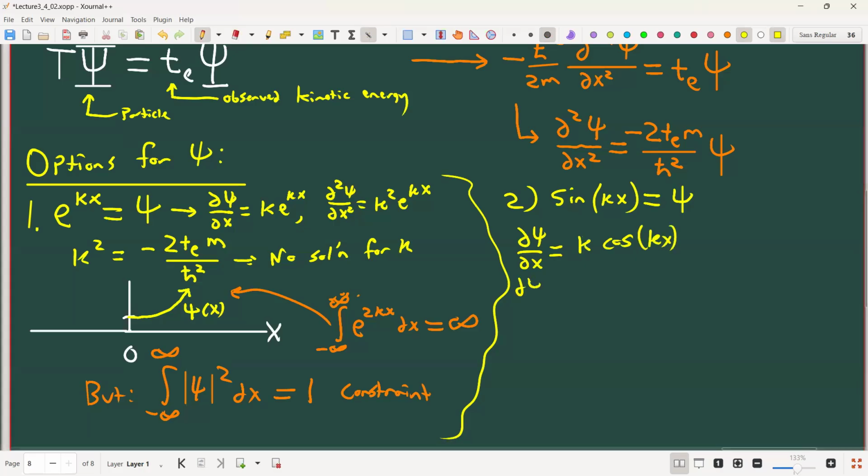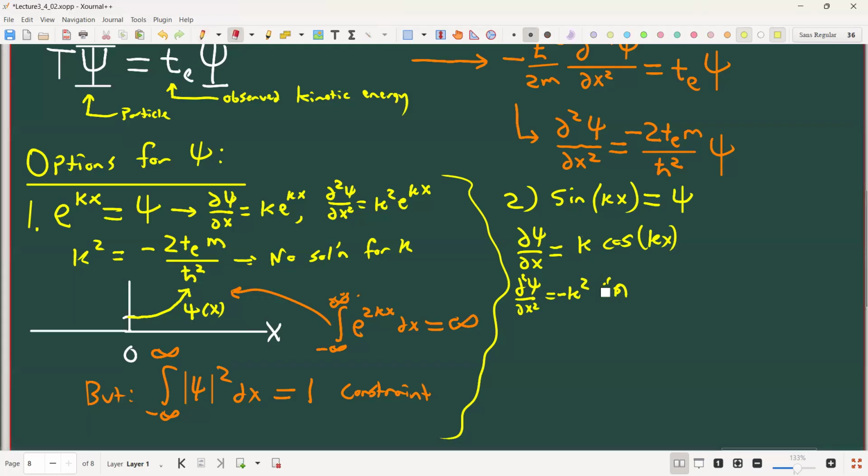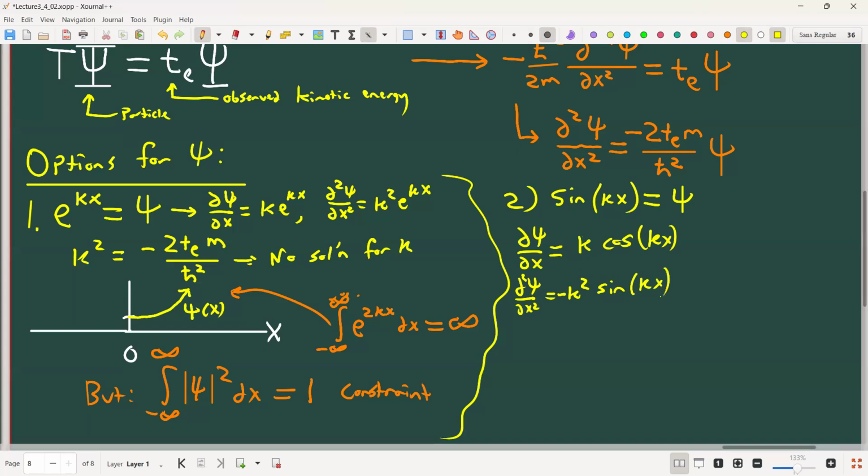And then the second derivative is minus k squared sine of kx. Okay, so that one works. We take the second derivative, we get sine back times a number.